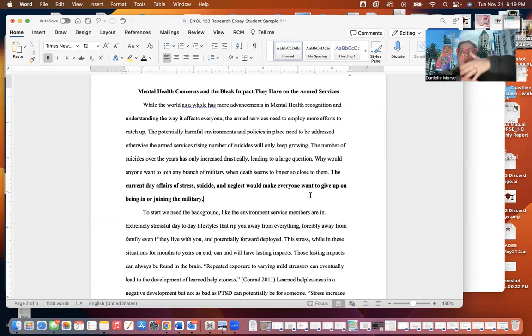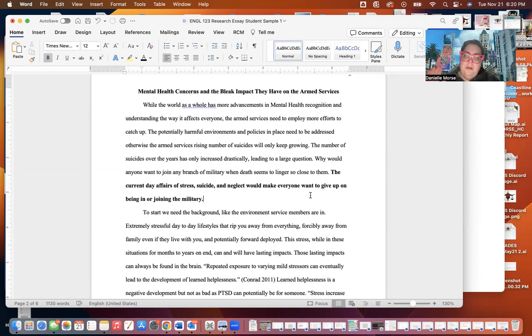And then also this larger idea of mental health. People like to throw around that phrase mental health a lot. And they do in their final sentence say stress, suicide, and neglect. But I don't know how any of those are connected.